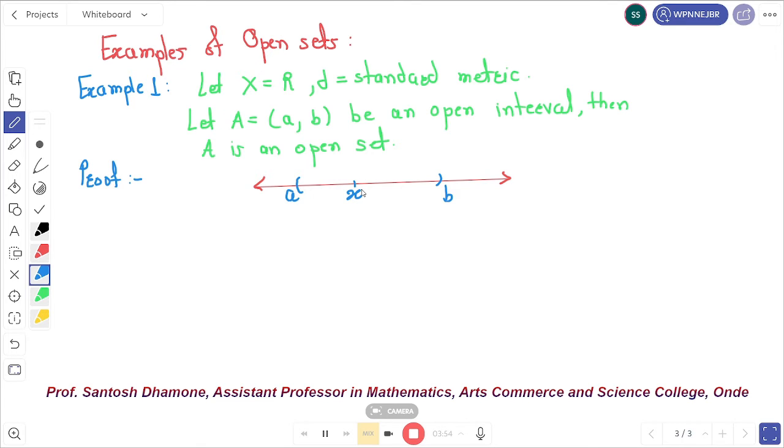Let small x belonging to the open interval (a, b) be any arbitrary point in the open interval (a, b).